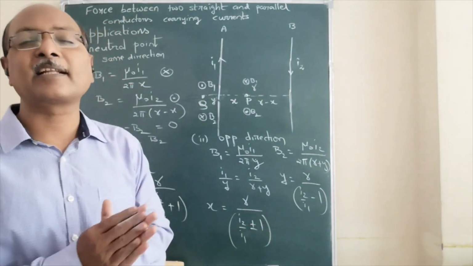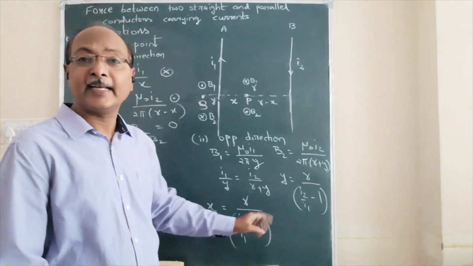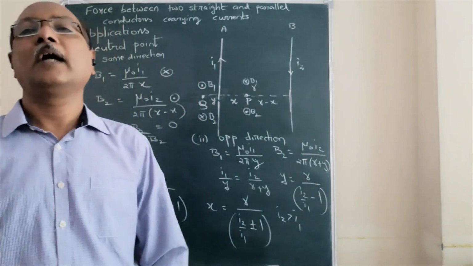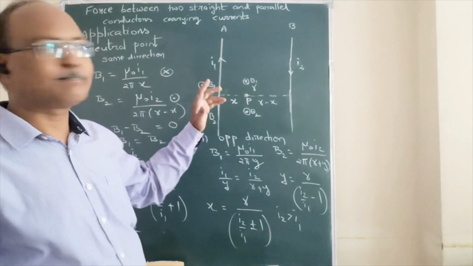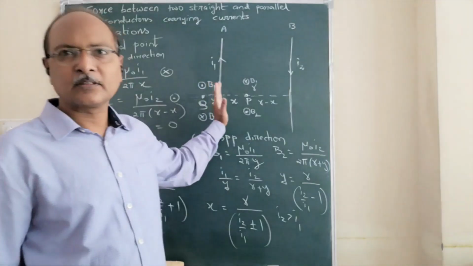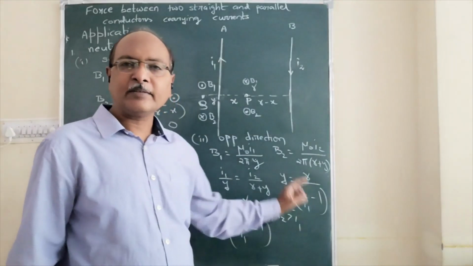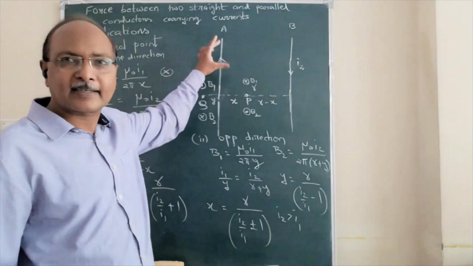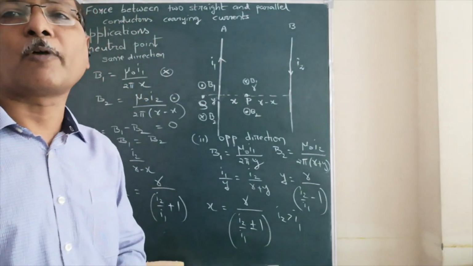Here I2 is greater than I1, and the neutral point is measured with respect to the lesser current. So we are measuring from the conductor carrying I1. So that is about the neutral point.